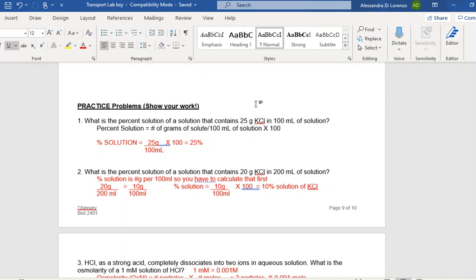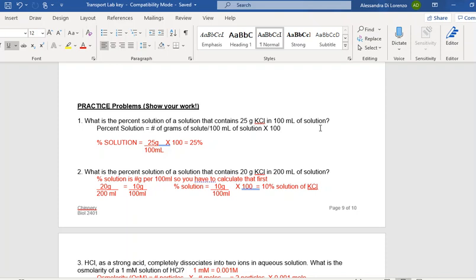In this third part we're going to do practice problems, where I would have liked you to show your work. The first problem asks what is the percent solution of a solution that contains 25 grams of potassium chloride in 100 ml of solution.